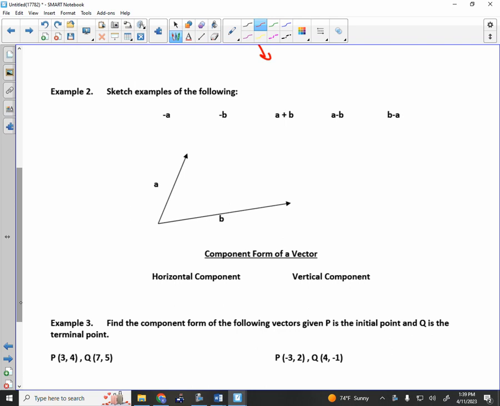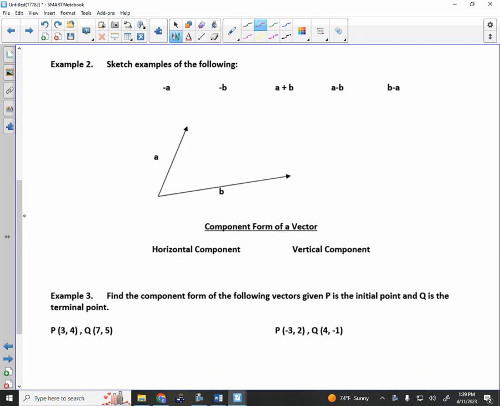Now we have two vectors that start at the same point right here, and we are going to show the graphical representation of some of their addition and subtraction as well.